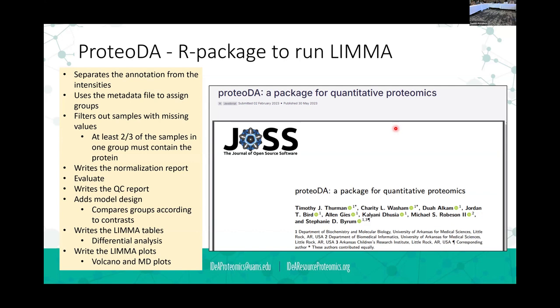The other thing that ProteoDA does is it writes a normalization report, and we're going to talk about that. This is kind of an interesting thing, but this package leveraged some software that people wrote, and it basically will normalize your data 7 different ways.